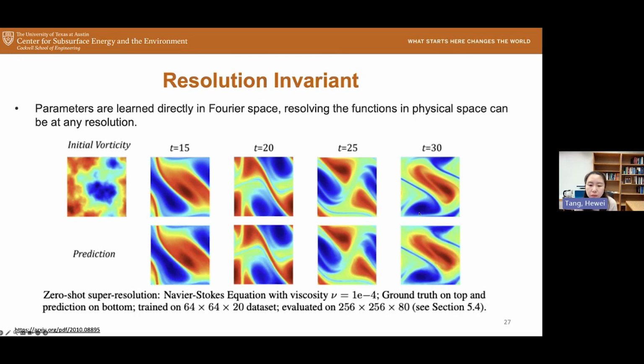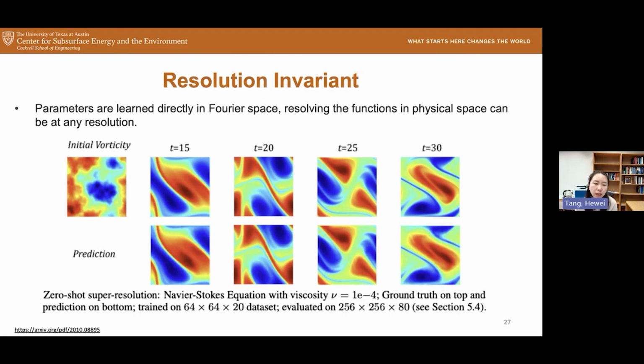We can see that although the model is trained on a really coarsely discretized data set, it can predict well on a higher-resolution, finer discretization.